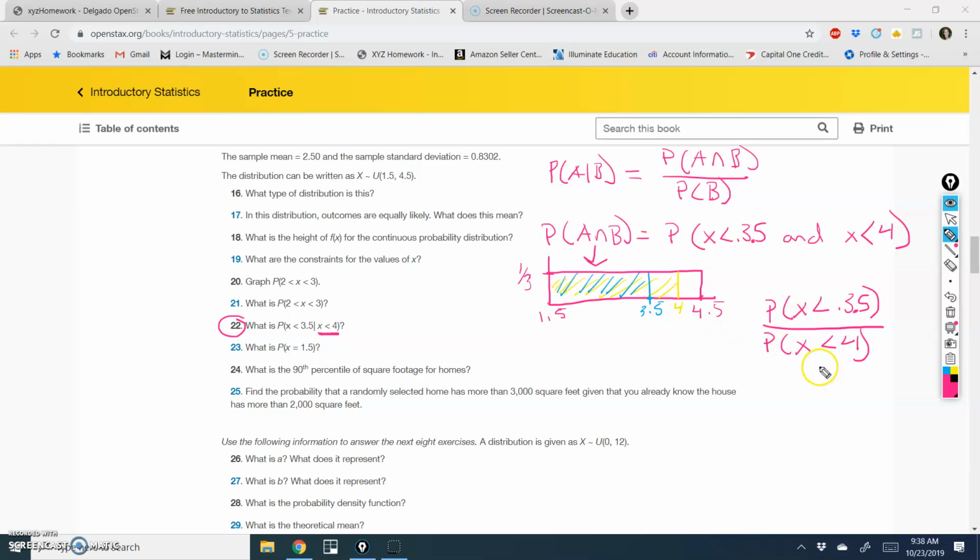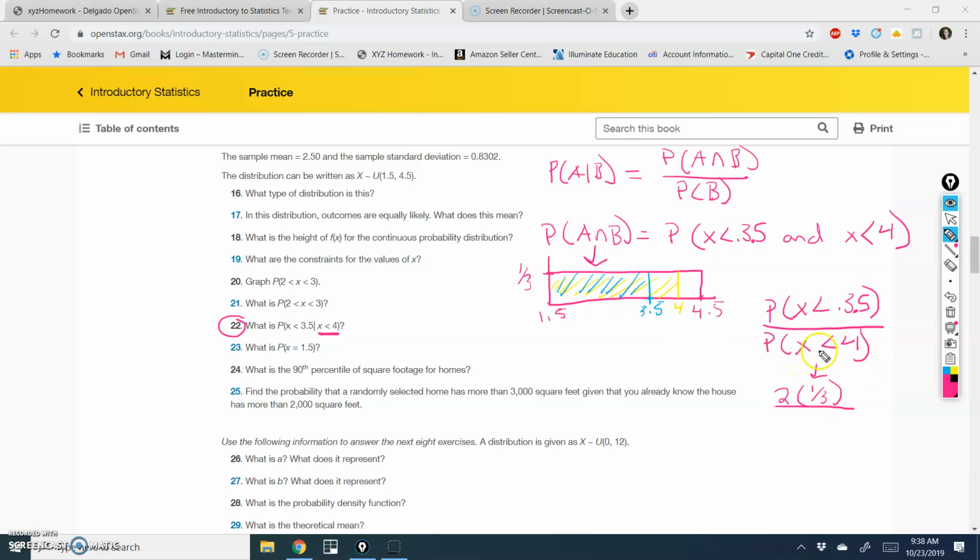First, the probability that x is less than 3.5: base times height. Our base is between 3.5 and 1.5, so that is a distance of 2. And our height is 1/3. So that's the area of the blue-yellow mix block.